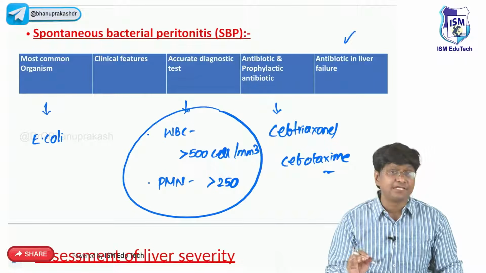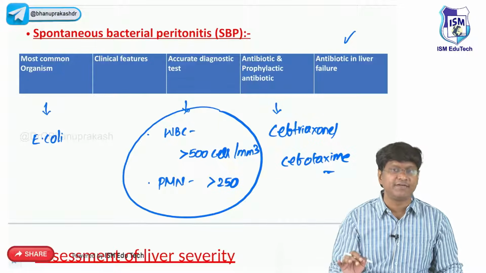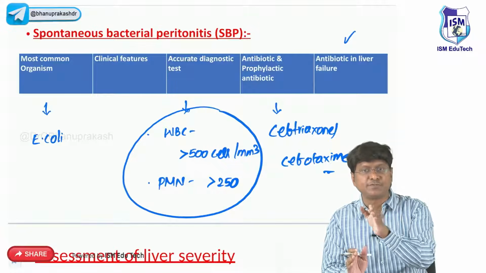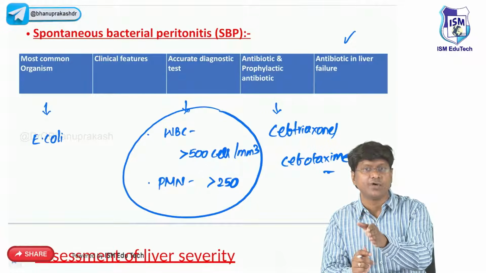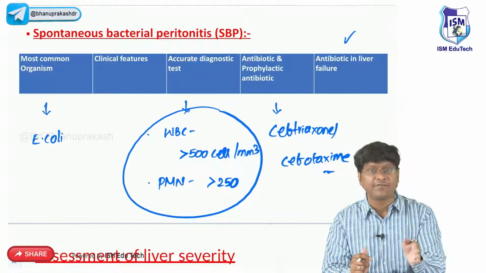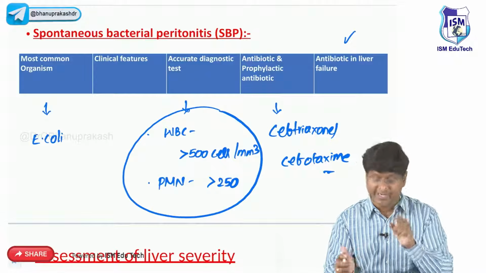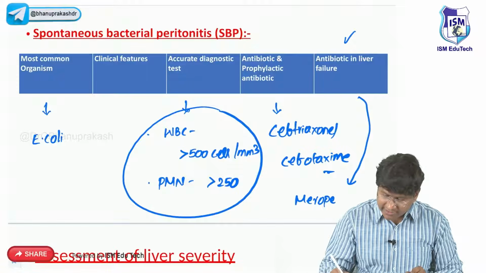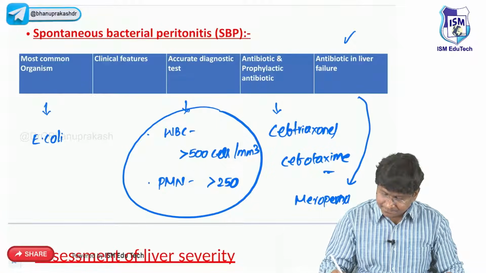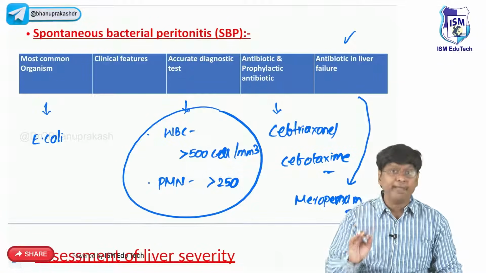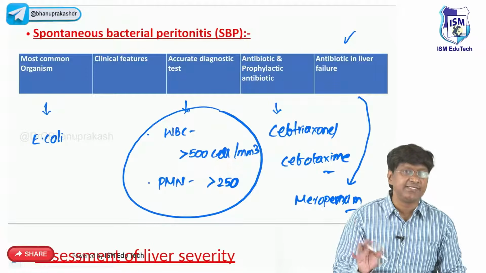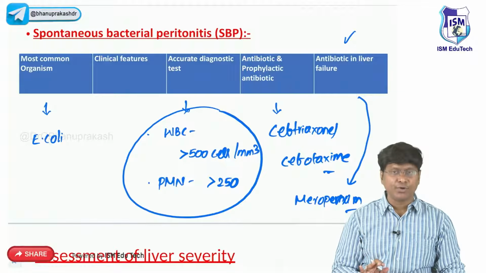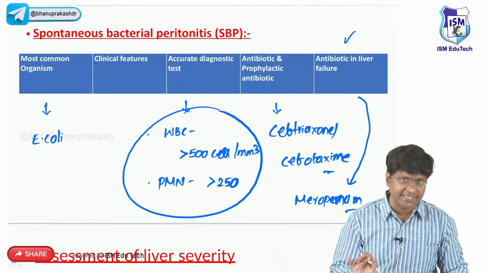Now, if the patient develops liver failure, in patients with spontaneous bacterial peritonitis in the setting of acute or chronic liver failure, the treatment should be done with meropenem. Here, we don't give ceftriaxone. What we give is meropenem, and daptomycin is being recommended. So that is about your SBP, spontaneous bacterial peritonitis.